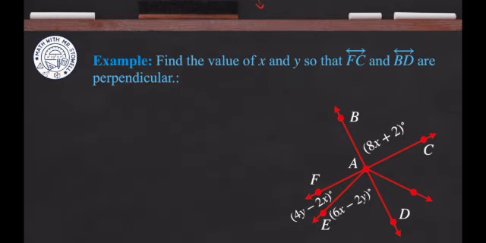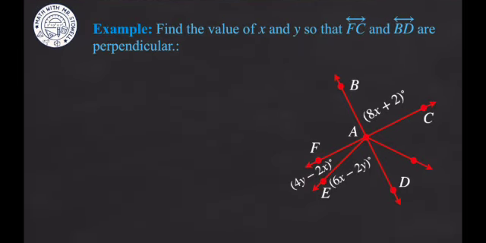Let's look at a few examples of how to actually use this. So example, find the value of x and y so that line FC and line BD are perpendicular.